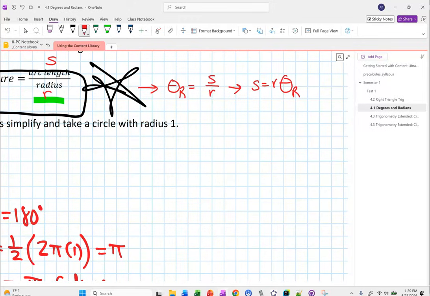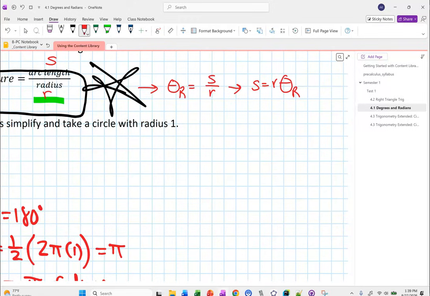So I can say that S is equal to radius times angle measure in radians. Is everybody okay? All I did was rearrange the formula that we had stated before, so that the arc length is by itself as opposed to the angle measure. No big deal, right?